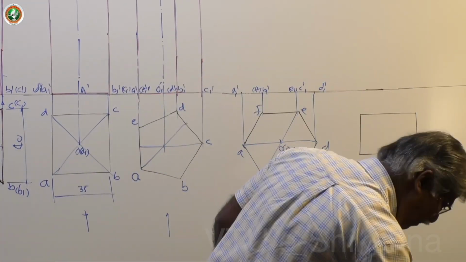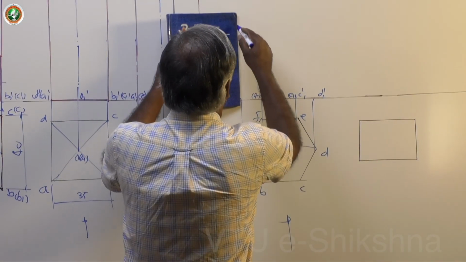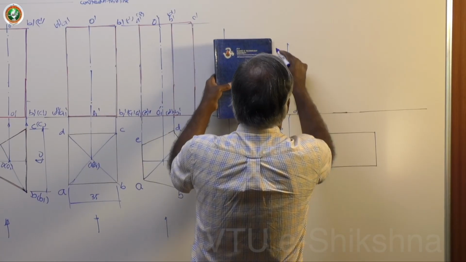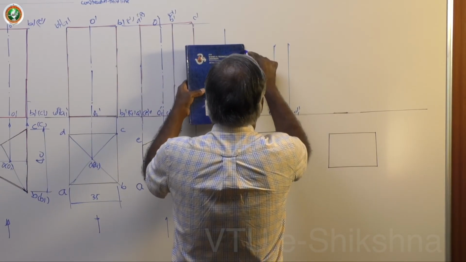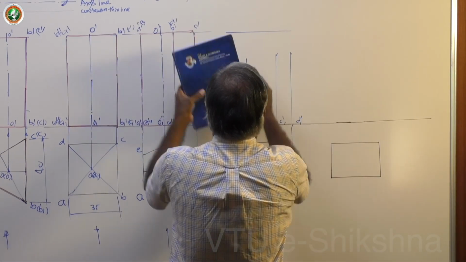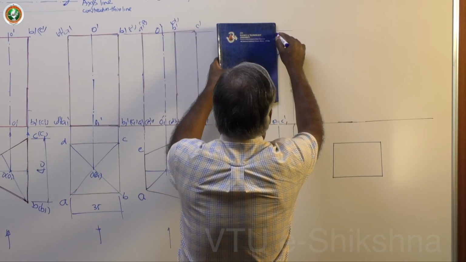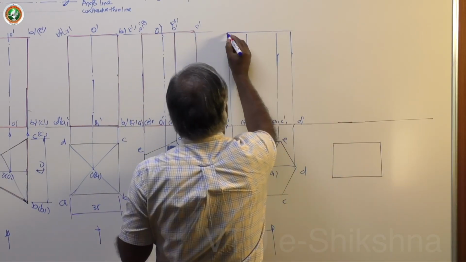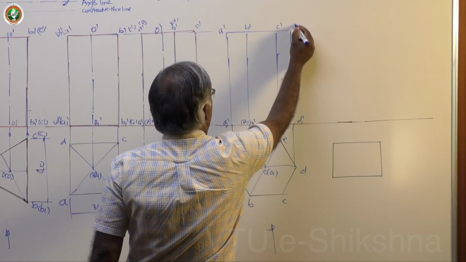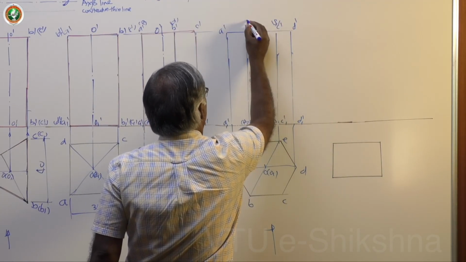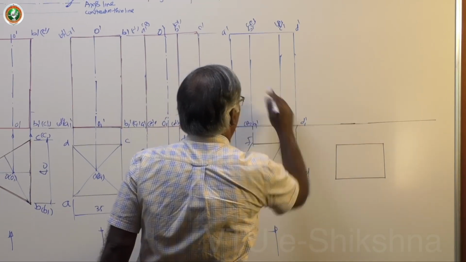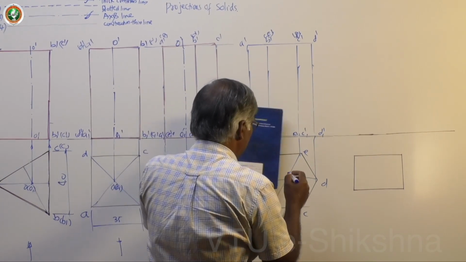Fix the height. So this is A dash, B dash, C dash, D dash, F dash, E dash, F dash, and you have to dark the front view and also axis.